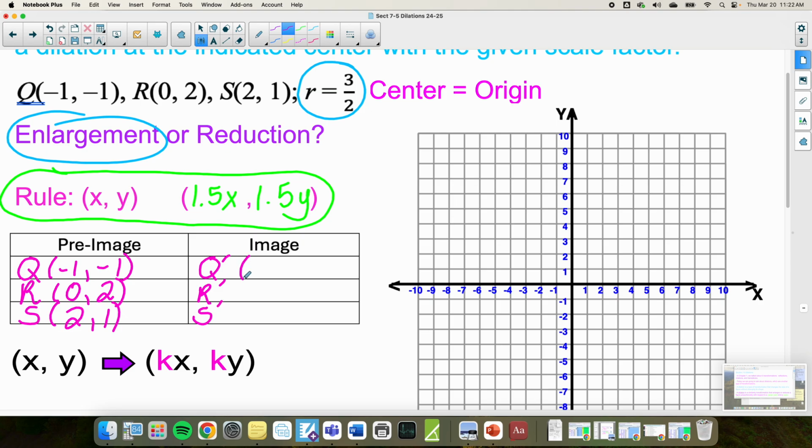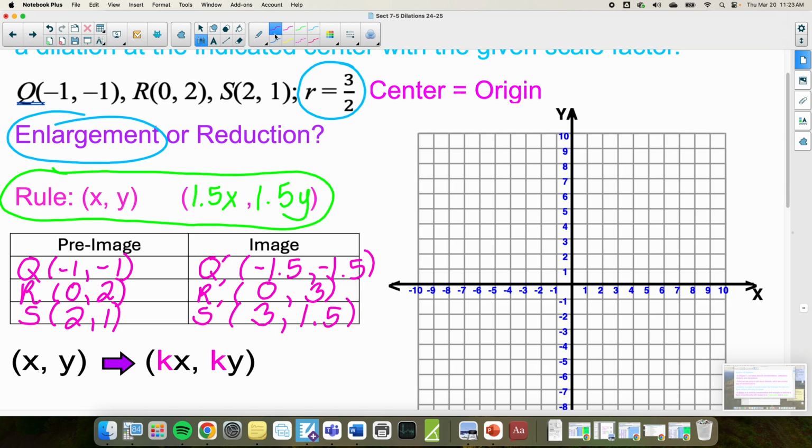So for Q prime, I would go -1 times 1.5, which is -1.5. And then 1.5 times -1 again, which is -1.5. Okay? For R, if I go 0 times 1.5, that's 0. 2 times 1.5 is 3. And then for S, 2 times 1.5 is 3. 1 times 1.5 is 1.5.